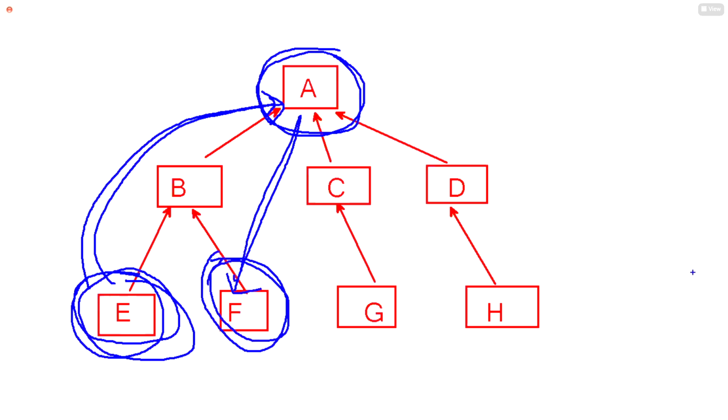Is it valid or not valid? How many people answer valid? So majority say valid. Next, how many say not valid? 1, 2, 3, 4, 5, 6, 7, 8, 9, 10, 11.